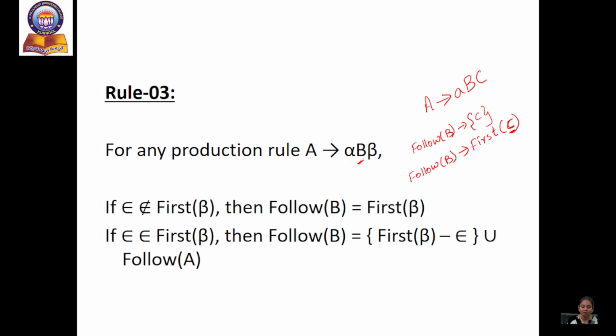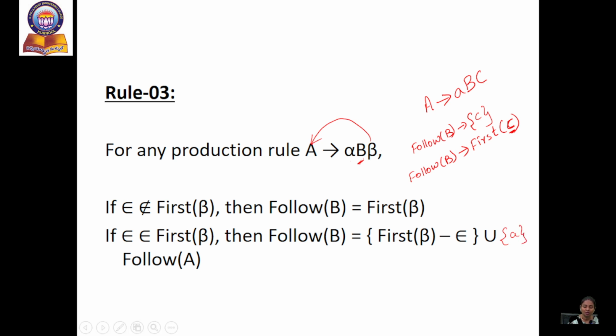After beta there is nothing at the right side, so we have to consider the follow function of A. Suppose after beta we have a terminal, say a, then we take first of beta minus epsilon union a.